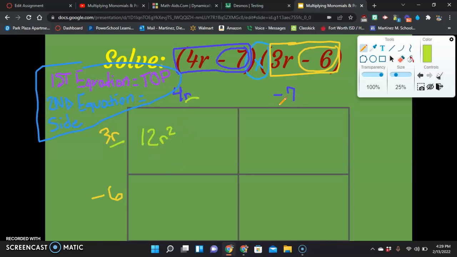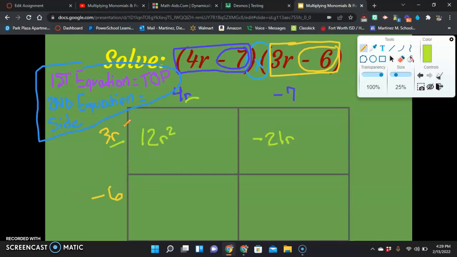Now we have negative 7 times 3, which is equal to negative 21r. Remember, here we include the variable, but we don't put a 2 because this one does not have any variable. Instead, we add the negative sign because a negative times a positive is always a negative. Now, let's work on the second one.